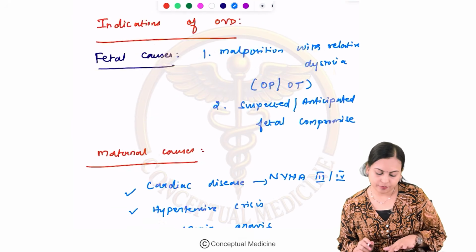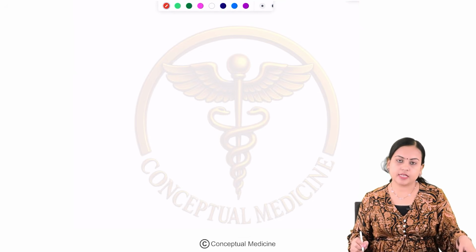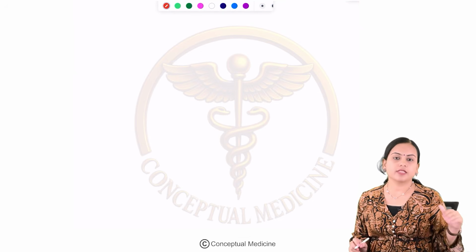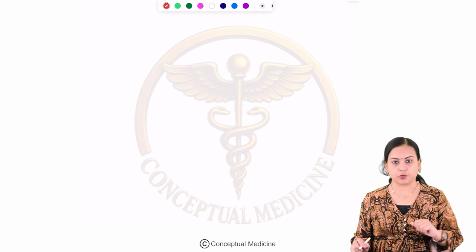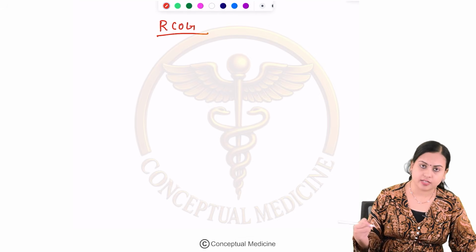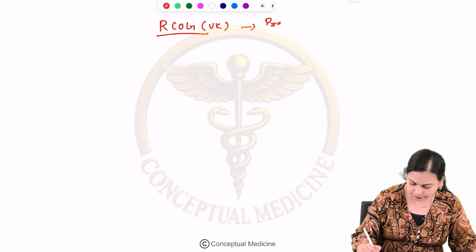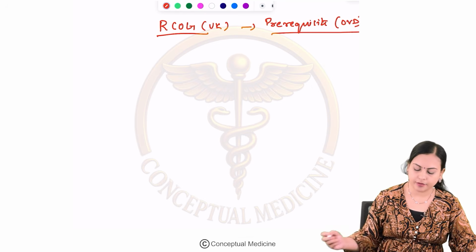So, these are some of the indications of operative vaginal delivery. Now, we'll see some of the prerequisites of operative vaginal delivery that is given by RCOG. So, RCOG, that is Royal College of Obstetricians and Gynaecologists UK, has given some prerequisites for operative vaginal delivery. Clear?